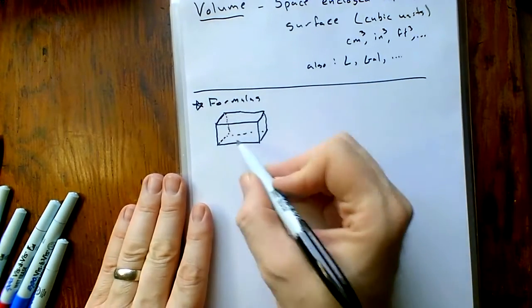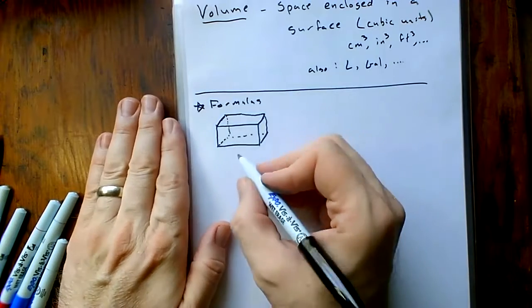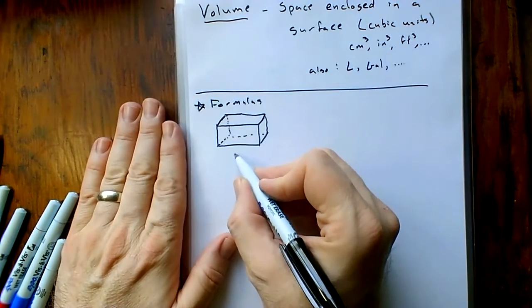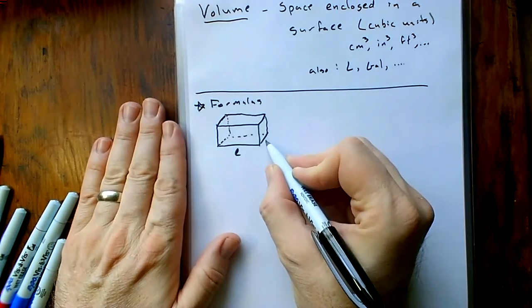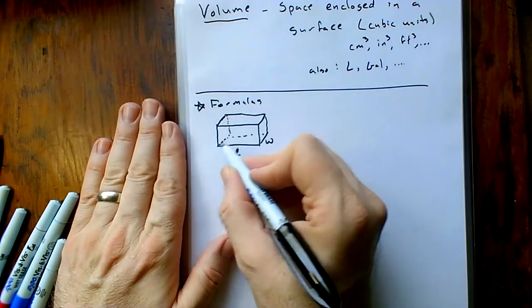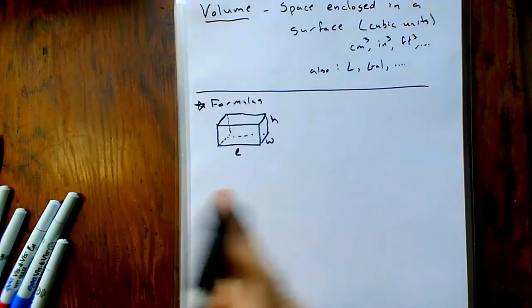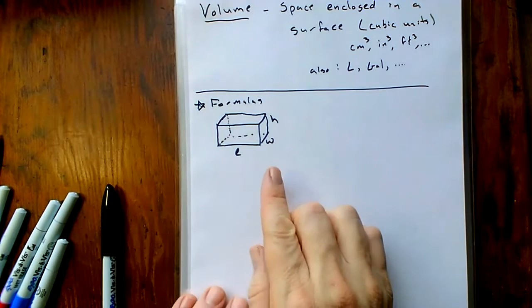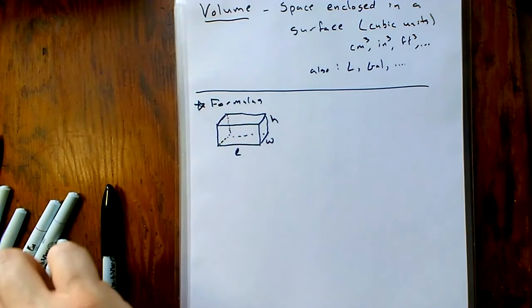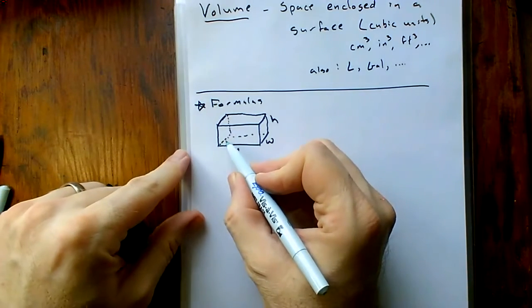And most of the time when it comes to your formulas for volume, you're going to end up with a length and width. You're going to be able to figure out an area, and then you're going to be multiplying it by a height.